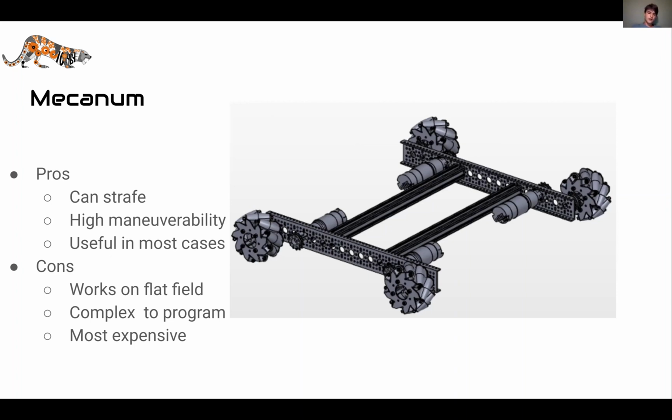Unfortunately, it only works really on a flat field, and it is much more complicated to program than something like the 4-wheel drivetrain or even the 6-wheel drivetrain. And it's pretty expensive because, especially if you get higher quality Mecanum wheels, they can run up in price pretty quickly.